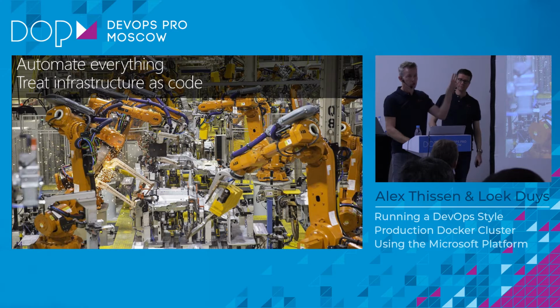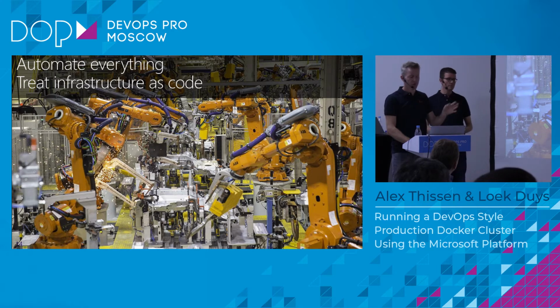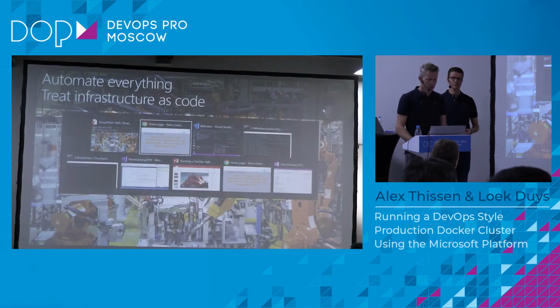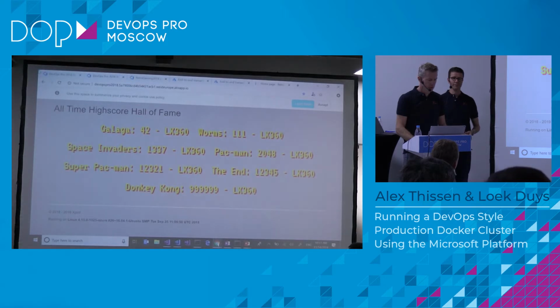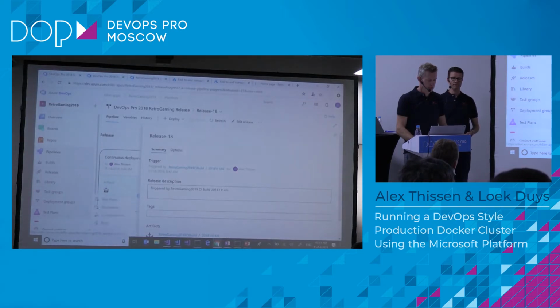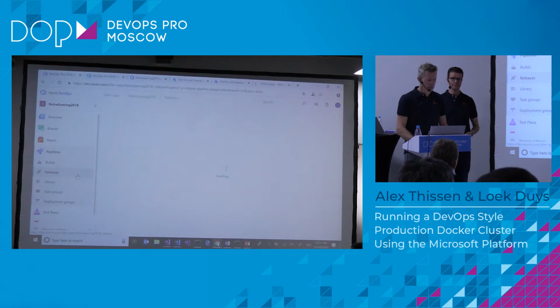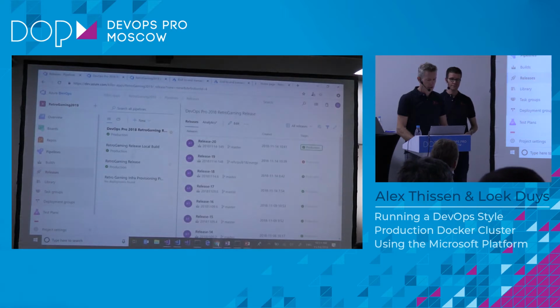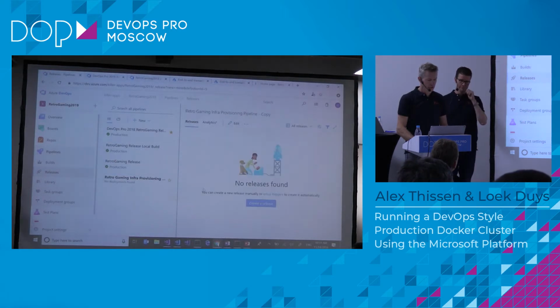Automate your code and your build and release pipelines for the binaries that you're producing, but you can also do that for your infrastructure. We're not going to get into much detail here, but we have this release pipeline for infrastructure, and we added that.